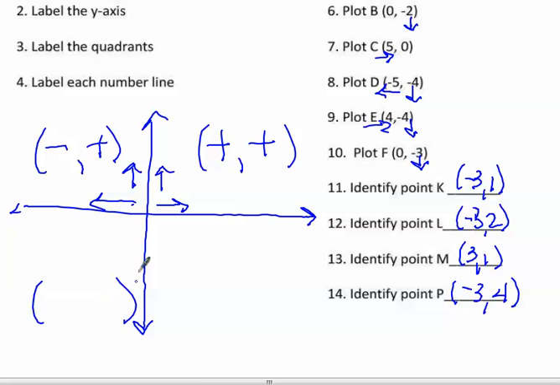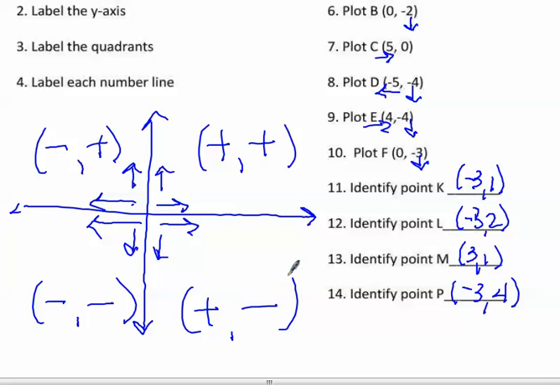Quadrant 3, you're going left, so that's negative, then you go down, so that's negative. Quadrant 4, you start going right, so that's positive, then you go down, that's negative. So you're able to identify which quadrant that you're going to be in based on purely the signs.